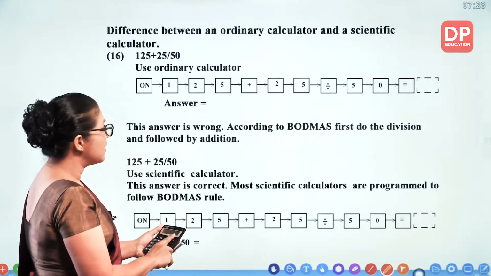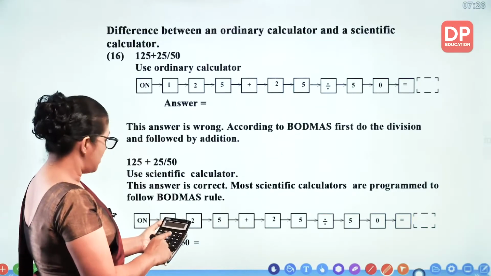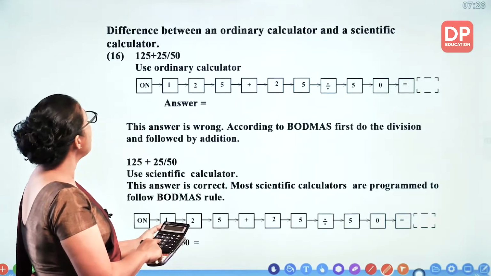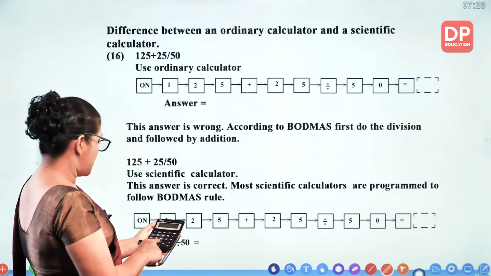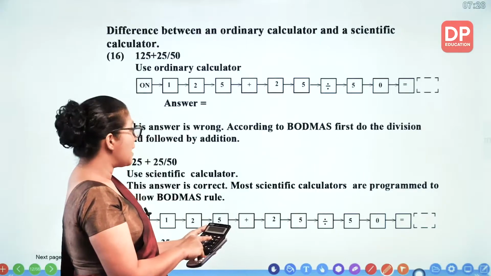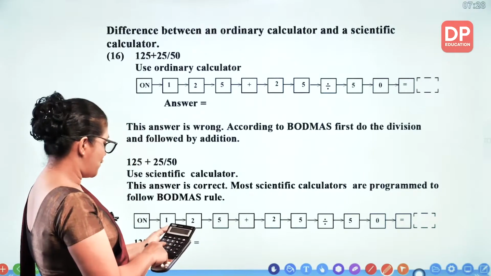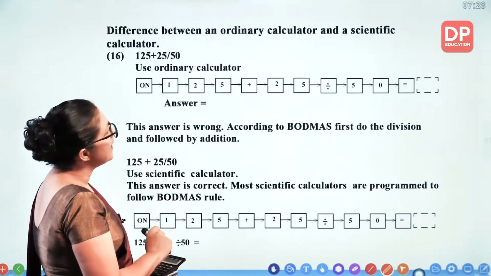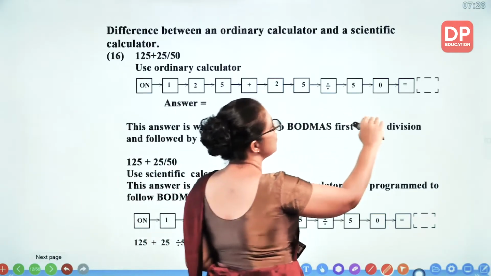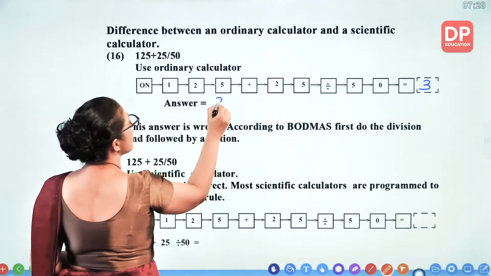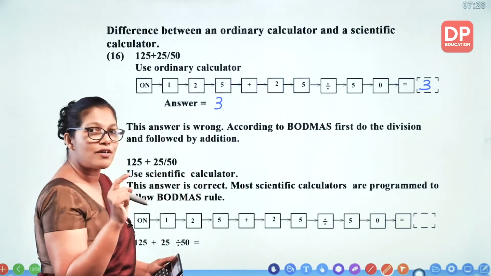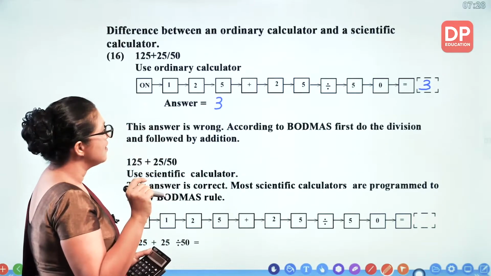I'll check the answer. 125 plus 25 divided by 50. I get 3. This answer is wrong, not the correct answer.